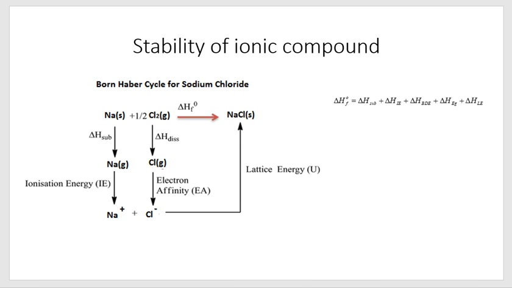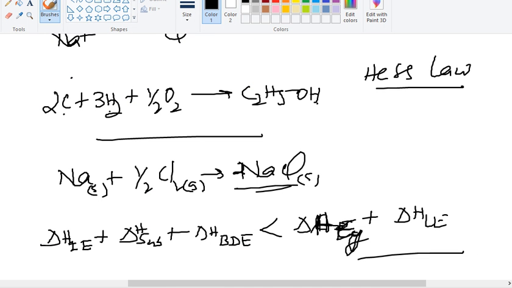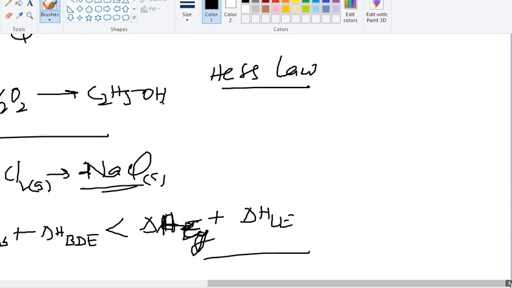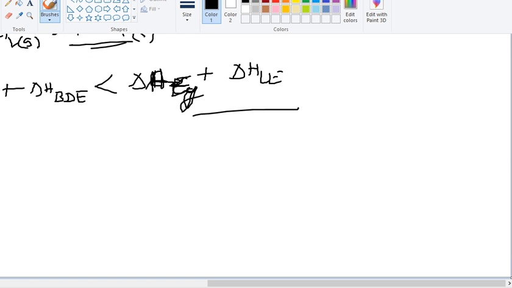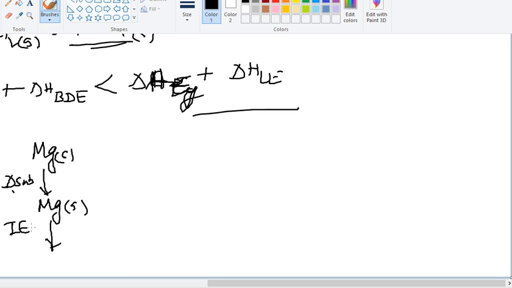So these are the two criteria which decide it, and this Born-Haber cycle we can draw for every compound. I am doing a Born-Haber cycle for another compound, let us take MgCl2. For MgCl2 Born-Haber, Mg is generally found in the solid state. The first step is called enthalpy of sublimation, and it will be Mg gas, and then two ionization energies are required, IE1 and IE2.